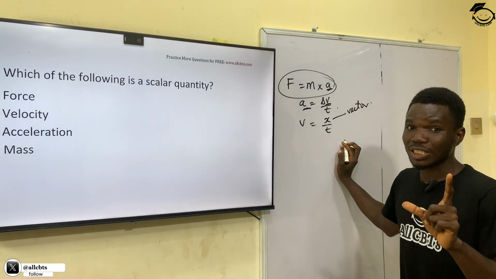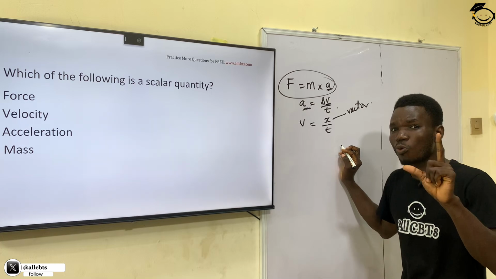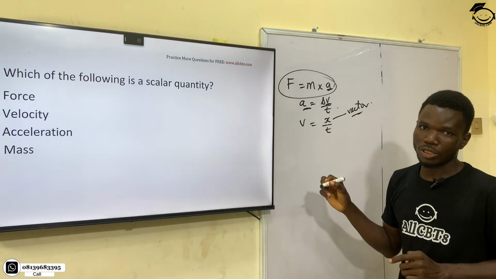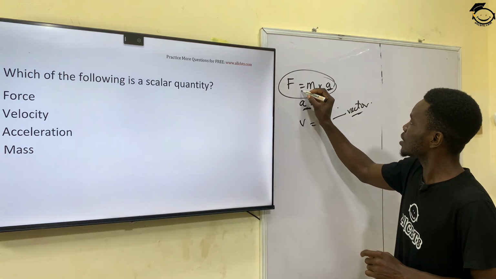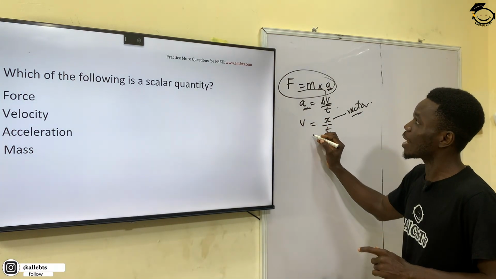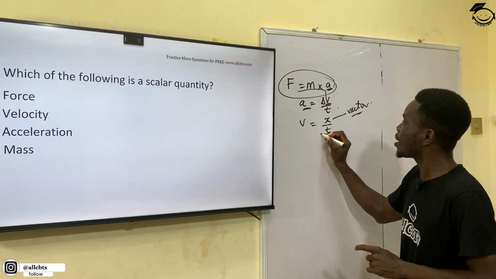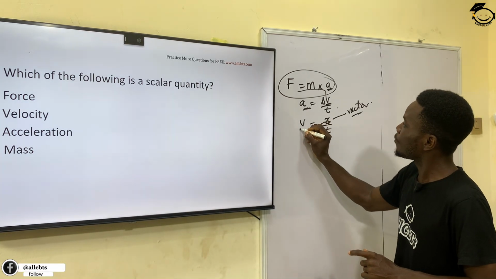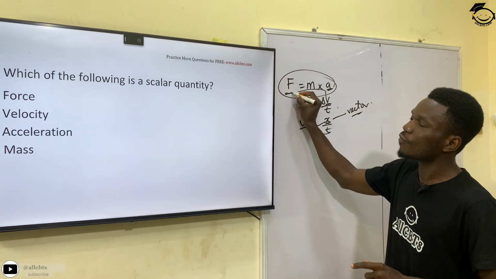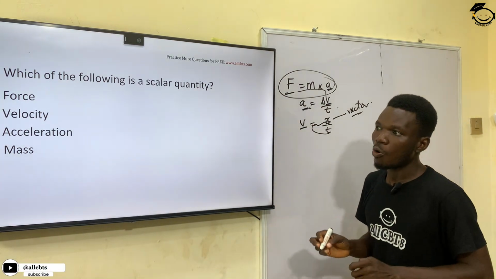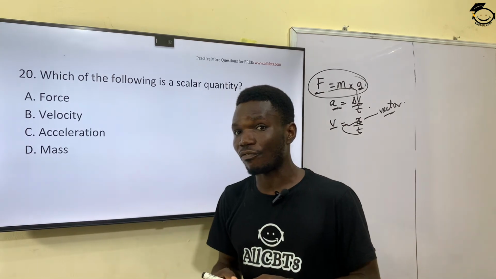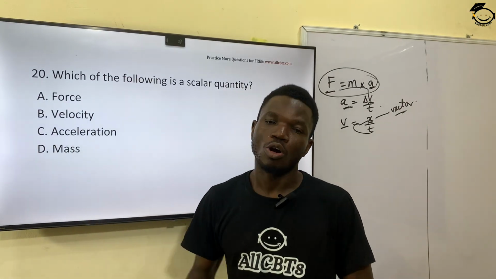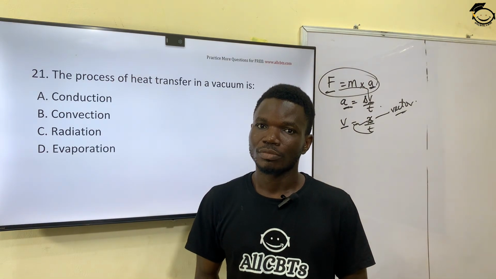So any quantity that contains a vector quantity automatically becomes a vector quantity. If you trace their lineage, you discover that velocity, acceleration, and force all trace back to displacement, so they are vector quantities. So the only quantity that is not a vector quantity here is mass. And that is option D.